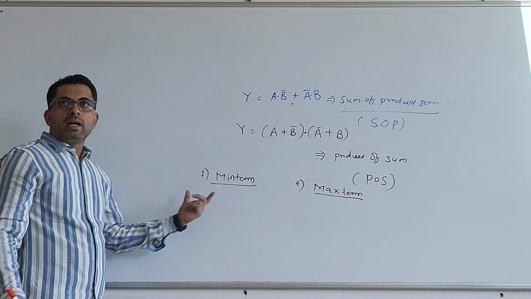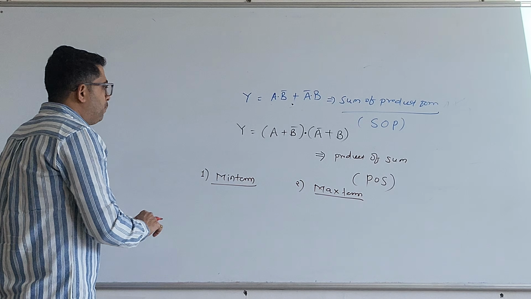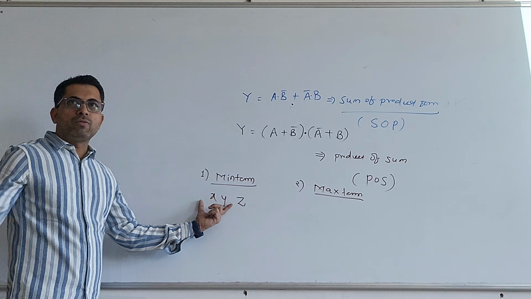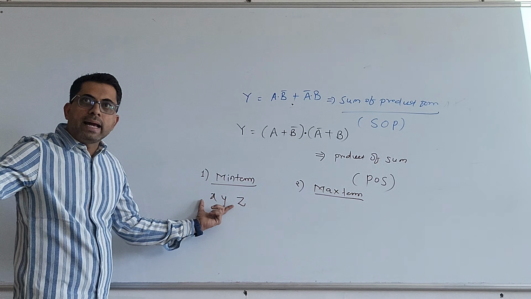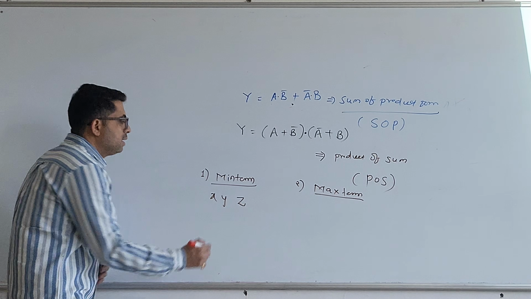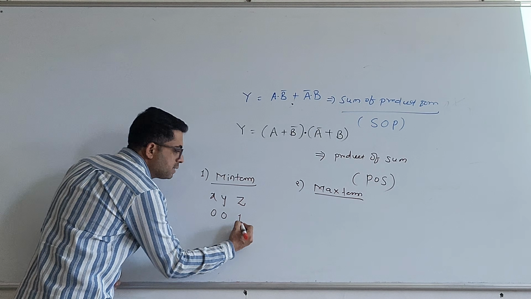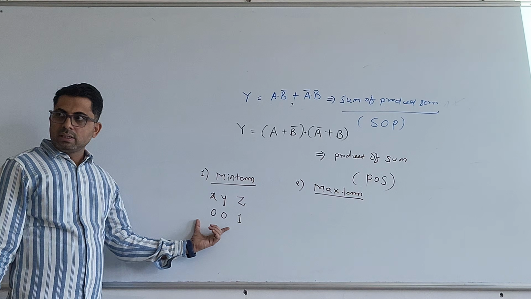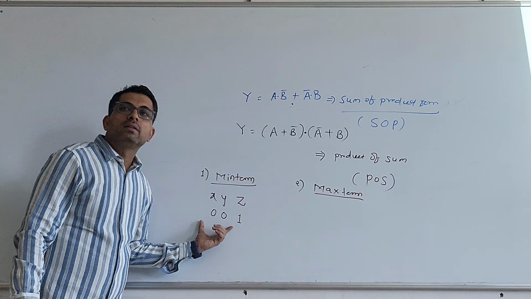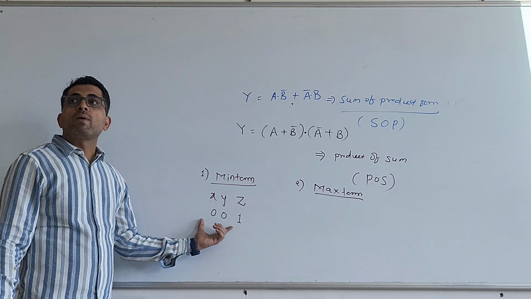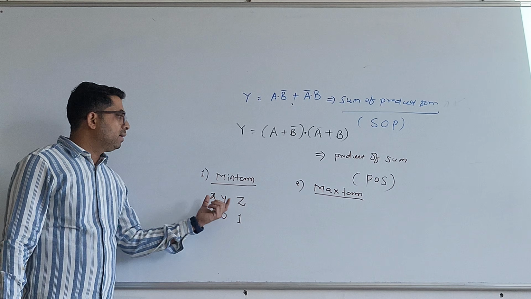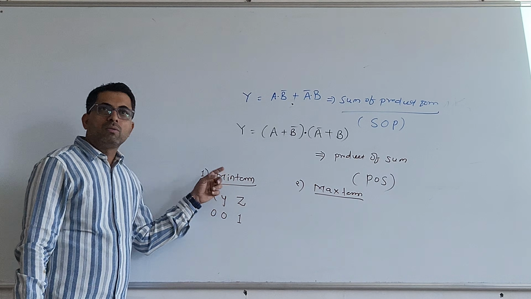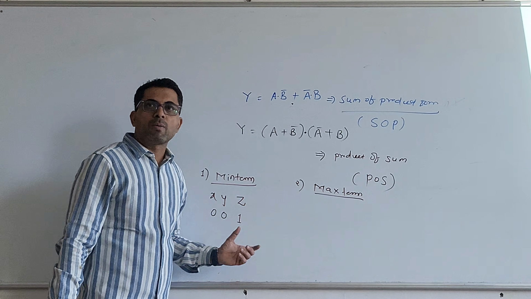For example, if you have the input variables x, y, z, and the value is 0, 0, 1, how to represent it with the help of the min term of a sum of product form equation?